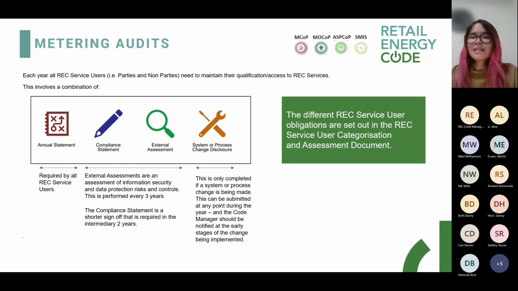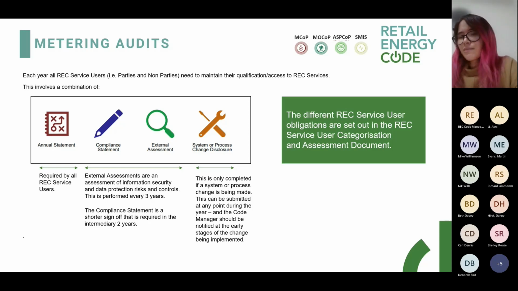The compliance statement is a sign-off that means you'll agree to some statements in relation to information security and data protection, such as, do you have an up-to-date risk assessment covering your information security and data protection risks, a completed, up-to-date and relevant ICO checklist, and that there have been no significant changes in your circumstances that would give rise to an increase in security or privacy risks, or if there have been such changes, those have since been mitigated. And that there have been no security breaches or ICO reportable data incidents.